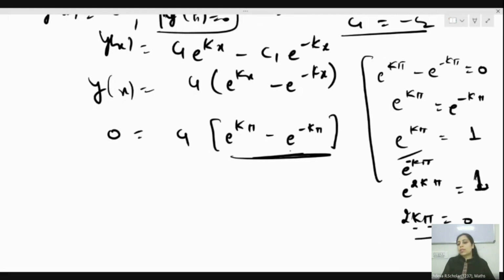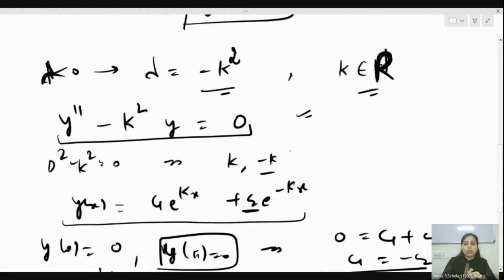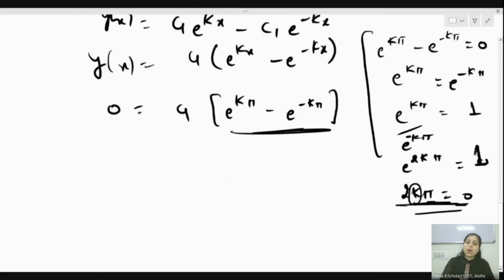But this cannot be 0 because k is a negative real number which is not equal to 0. Sorry, k is not equal to 0 because if k is 0, then we reach the case lambda 0, but we are discussing lambda less than 0. So k cannot be 0. Pi is not 0, 2 is not 0. So this cannot be 0.